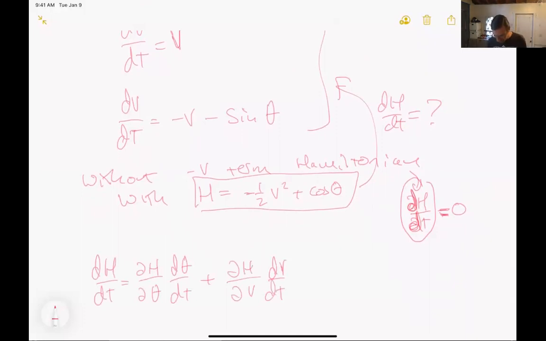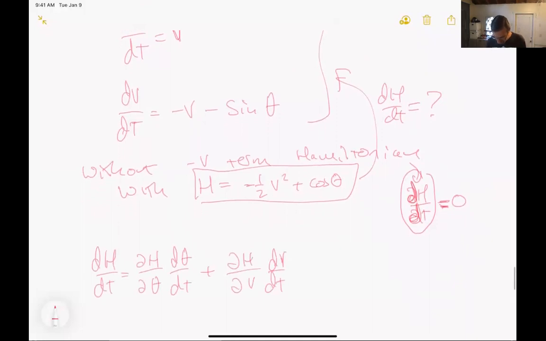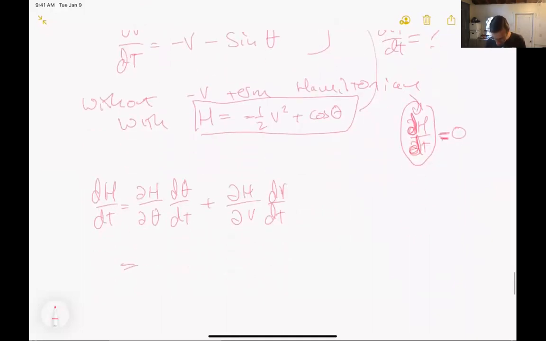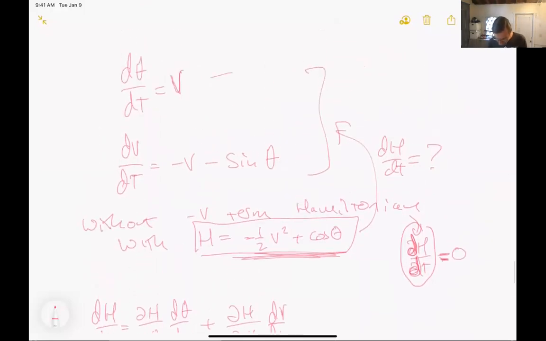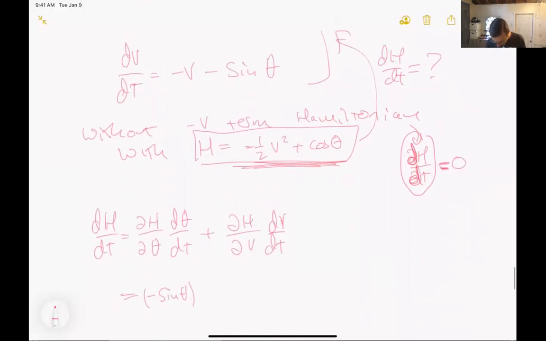Okay, so the partial of h with respect to theta. Well, the first term disappears. Derivative of cosine is minus sine, so we get minus sine theta. That's that first partial, times d theta dt. That's up here. There's d theta dt. That's just v.